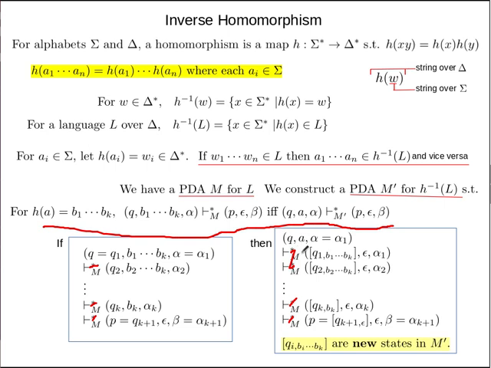In the first step, it just consumes this a, and it makes the same changes on the stack. Whatever substitution it makes to the leftmost symbol of alpha, it makes the same substitution here. Here it doesn't make any change.